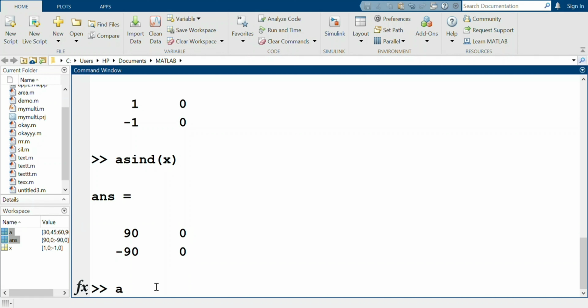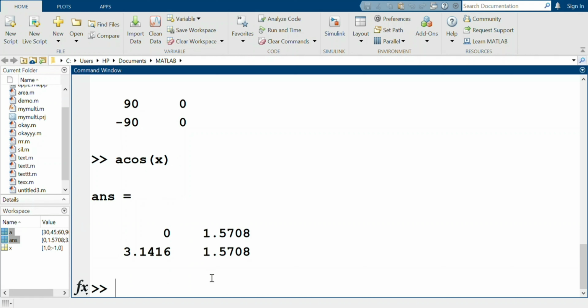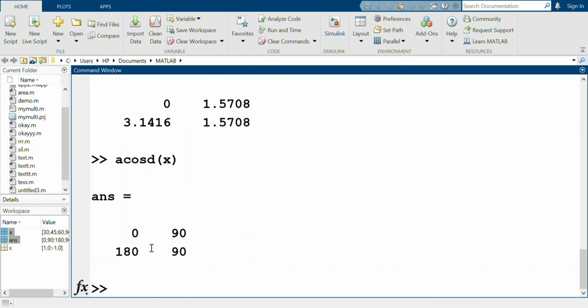So arccosine of x will give me another matrix. Now this is arccosine in radians, but arccosine in degrees will give me a different matrix like this, because this answer is in degrees.